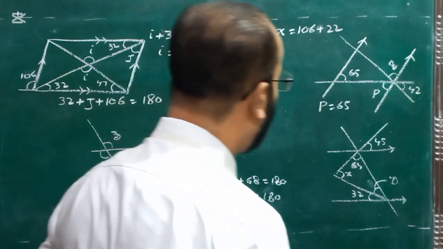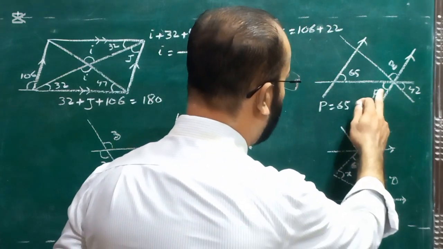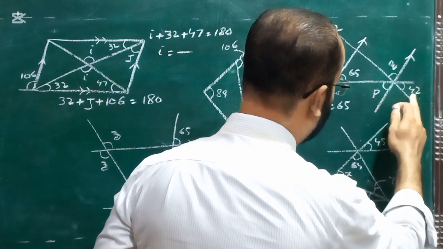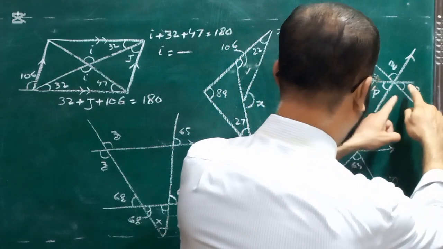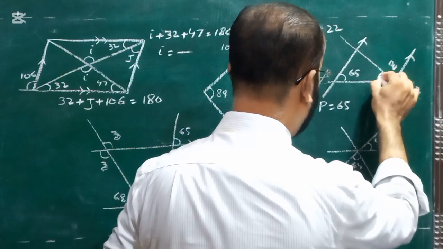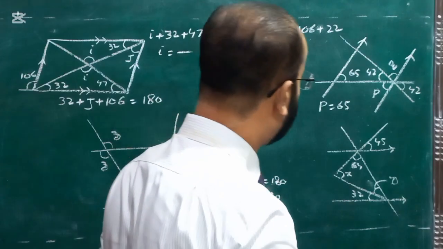Now, if this is 65, here is the opposite 42, and these two lines are making 42, so this will also be 42 because of the vertically opposite angles.